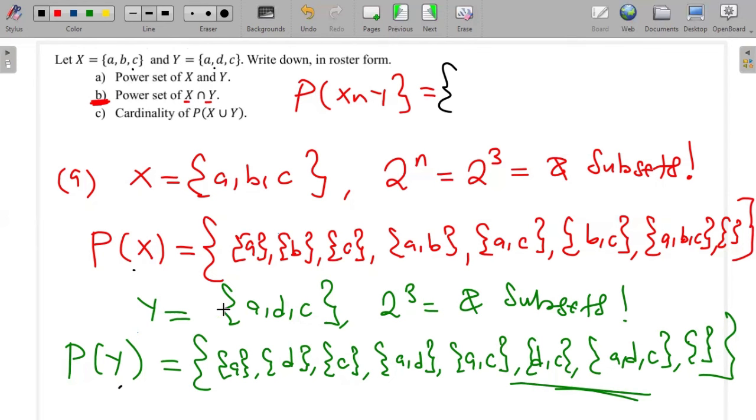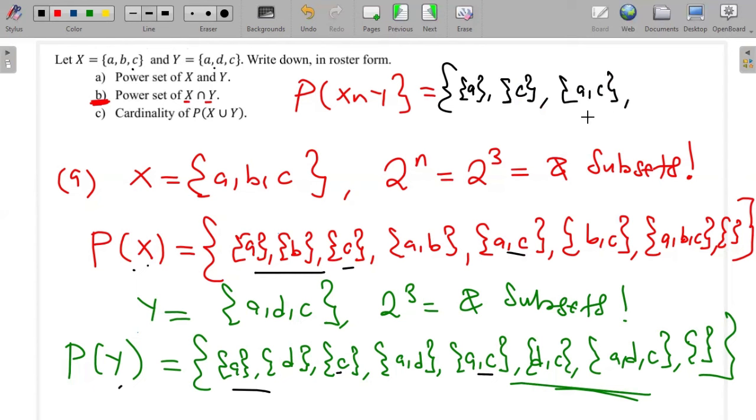But here, since we've already listed the power set of X and Y, I'm just going to look for what is here and there. I can see this set that contains A is in both, so I'll write it in the intersection. The C, this one here, is also in both, so I'll write C. What else is common? I think AC is common because I can see AC there and then AC, so I'll put AC there.